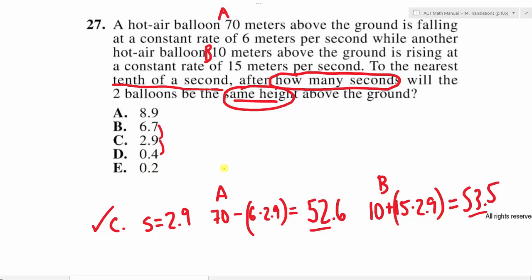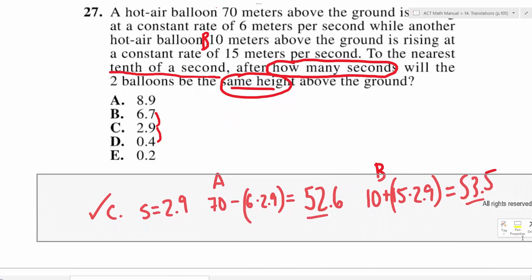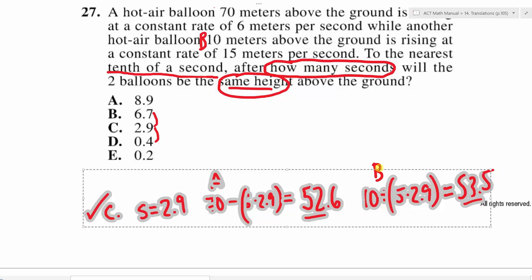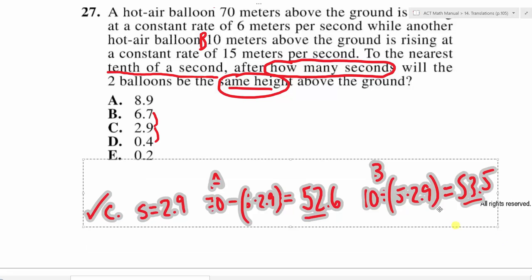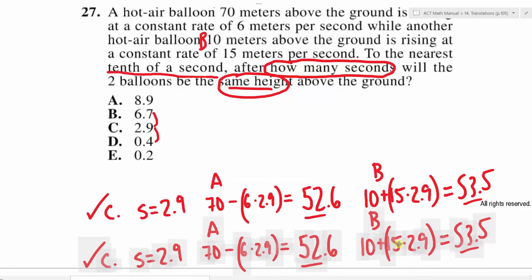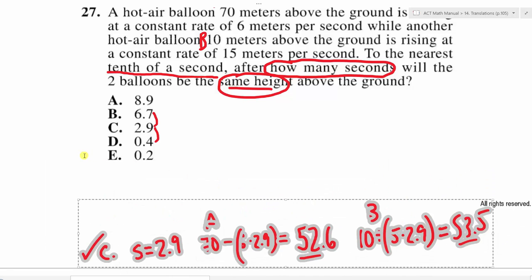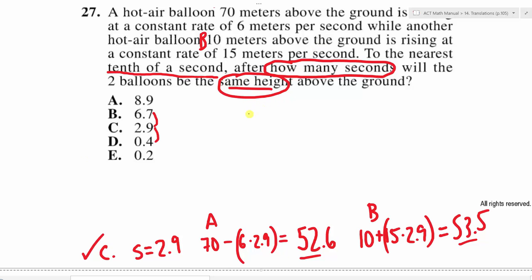Now, we're in the translation section of the manual, so we should do this with translation, and we should find that it's not too difficult. So let me move this out of the way so that we're going to have a little bit more room. So the translation would look like this. Remember, the height of A can be translated into 70 meters, take away 6 meters per second.